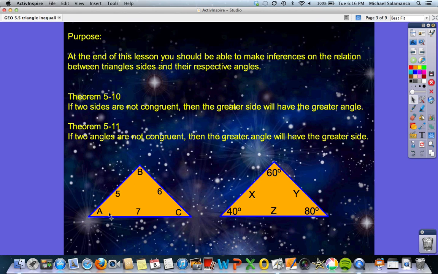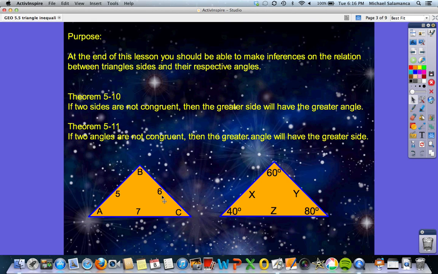so the sides, if they're not congruent, for example, AB and BC, clearly these aren't congruent because one side is labeled 5 and one is 6. Then, with that said, it says the greater side will have the greater angle.